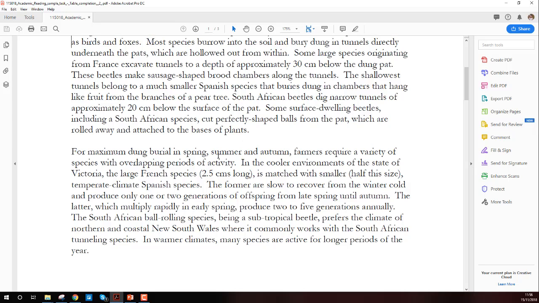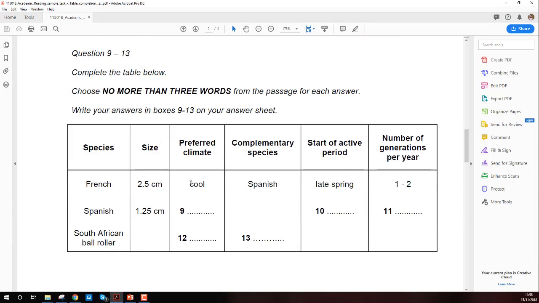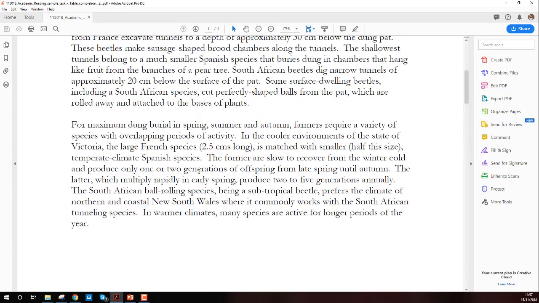Let's have a look for this one. Okay, the South African ball rolling species, being a subtropical beetle, so subtropical, let's have a look down here, cool, and then we had temperate, and then subtropical. Okay, so we put subtropical here. Complementary species, so it's going to be one of the other ones here.